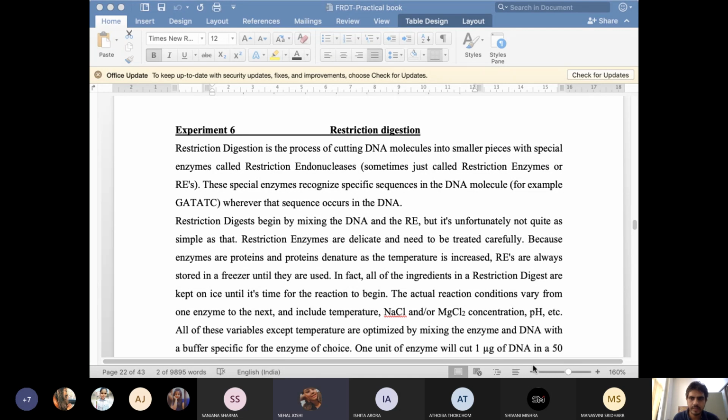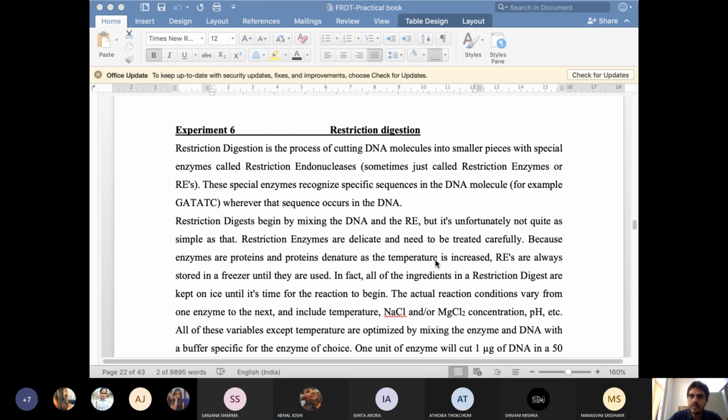Excuse me, sir. Yes. Sir, what will happen to the DNA fragment if the current is kept on for a longer period of time? You are asking about agarose gel electrophoresis.